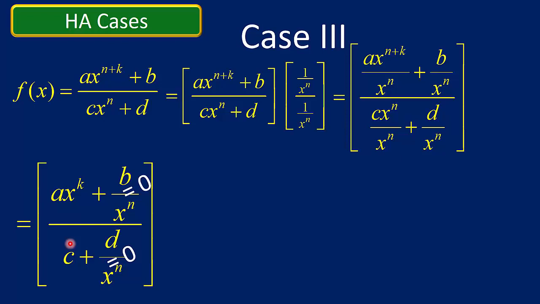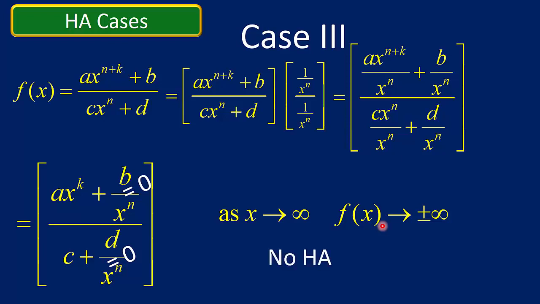Well, if you've got this x growing up top and just a constant on the bottom, then as x goes to infinity, f of x goes to either positive or negative infinity, depending on what the signs are. So there is no horizontal asymptote in this case.